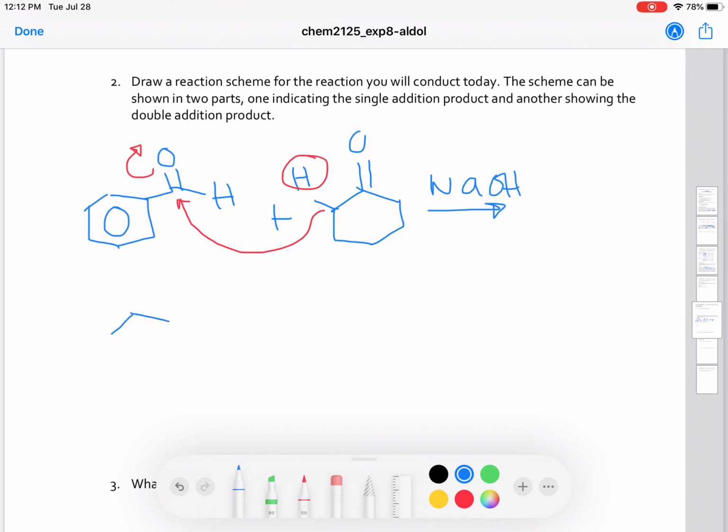So your first product is going to be something like this. You have your benzene ring, and then this would become an OH group. And then this is the carbon from your cyclohexanone, just a single bond, like this. Okay, and then what's going to happen next?